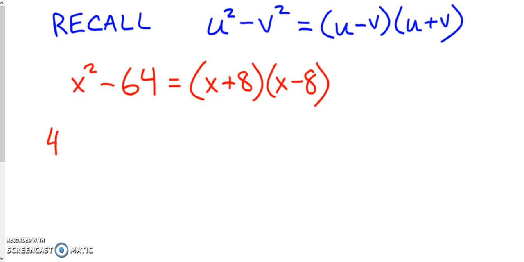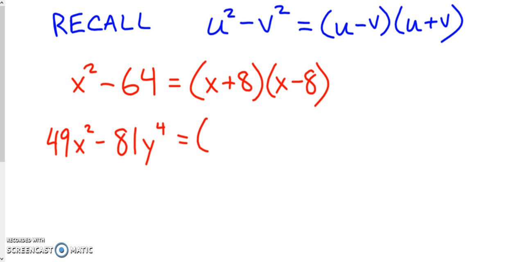Now, it's a little more complicated if you have something like this, 49x squared minus 81y to the fourth. You might not notice that those are two perfect squares. Well, you probably know that 49 and 81 are perfect squares, and x squared is a perfect square. But y to the fourth is actually a perfect square as well. And if you think about what multiplies by itself to get y to the fourth, y squared times y squared is y to the fourth.